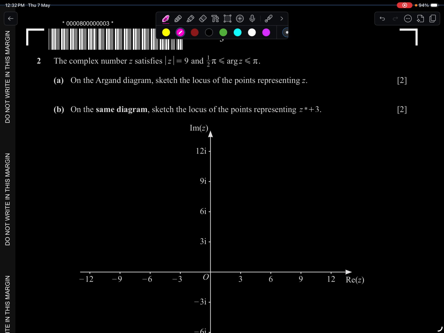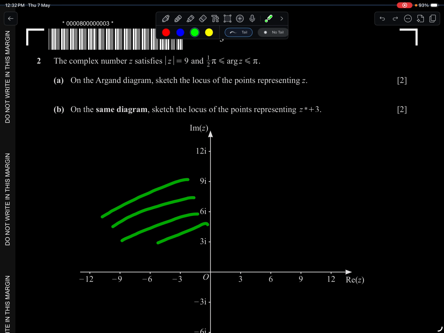So we have to understand this with the given argument. This means second quadrant, 90 and 180. So this should be an arc of radius 9 in second quadrant.